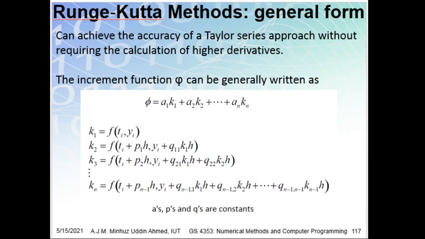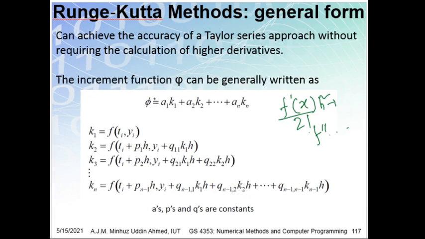In the Taylor series we needed higher order terms like f prime x by 2 factorial h square or f double prime, and so on. But this method says you will not have to use any higher derivative to get to the solution.